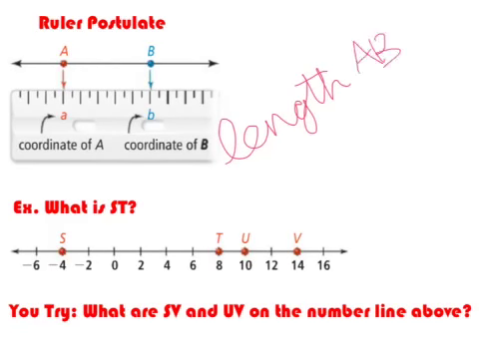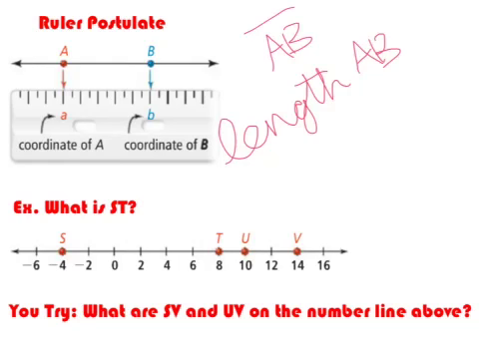And if I wanted to talk about the segment AB, well, the segment AB, we would use a segment bar over it. And that's how we can tell the difference. So in our example, it says, what is ST? And that's talking about the length, because there's not a segment bar or a line over it.